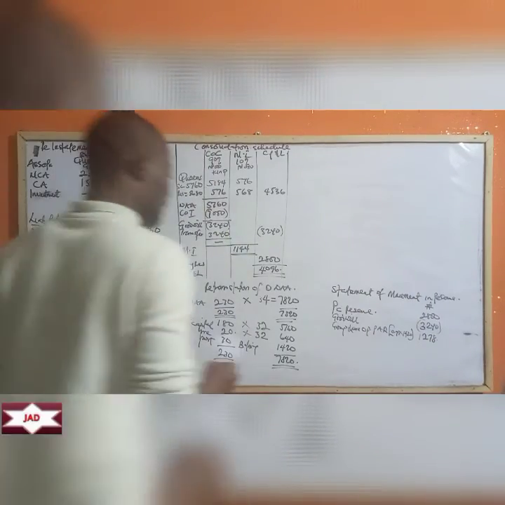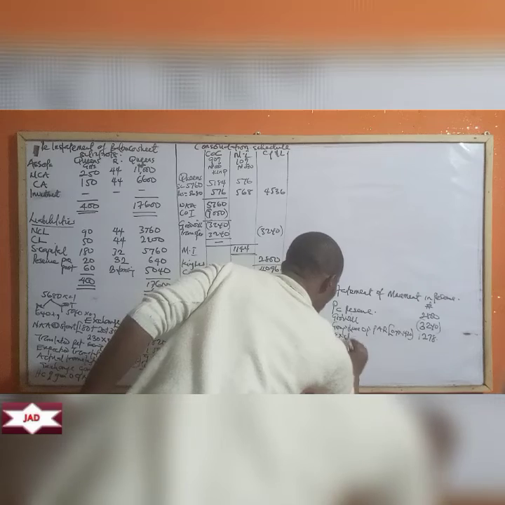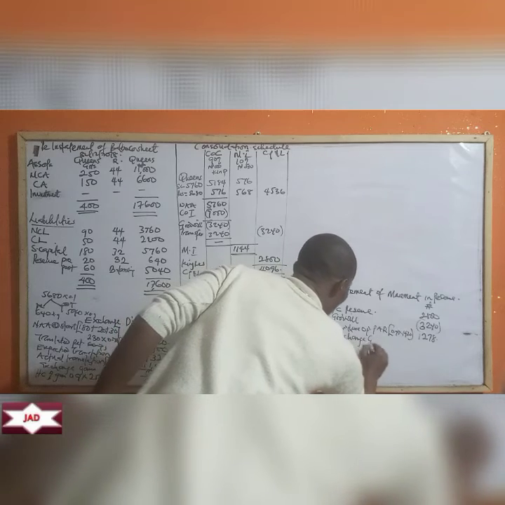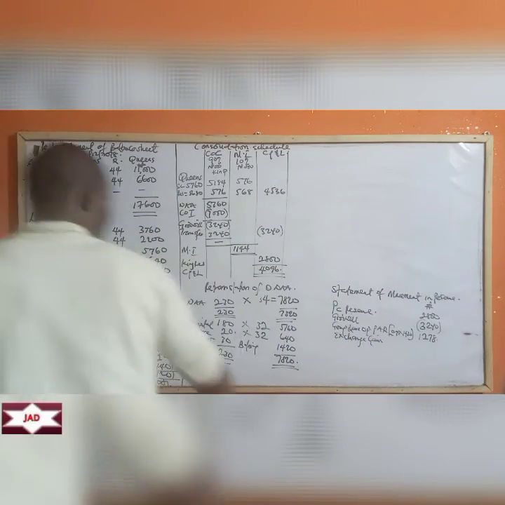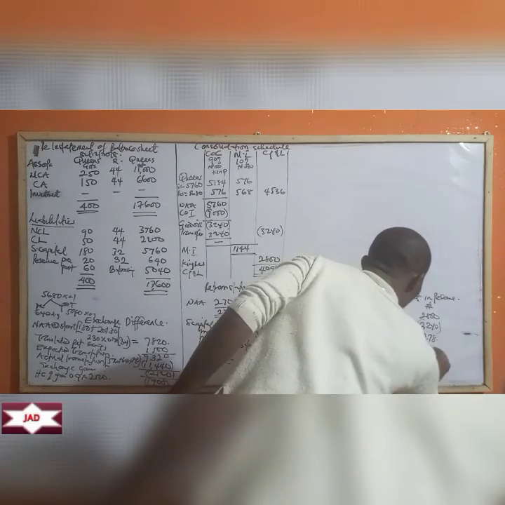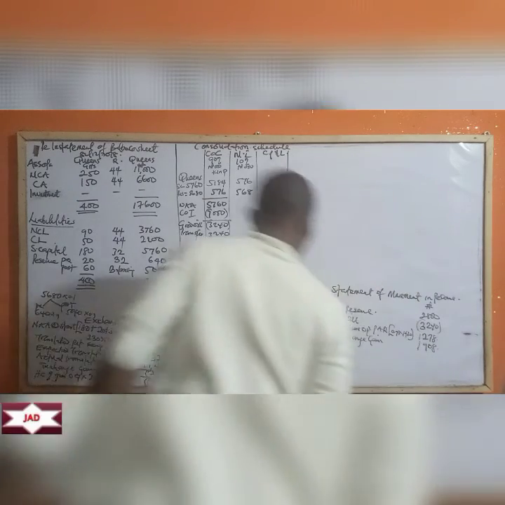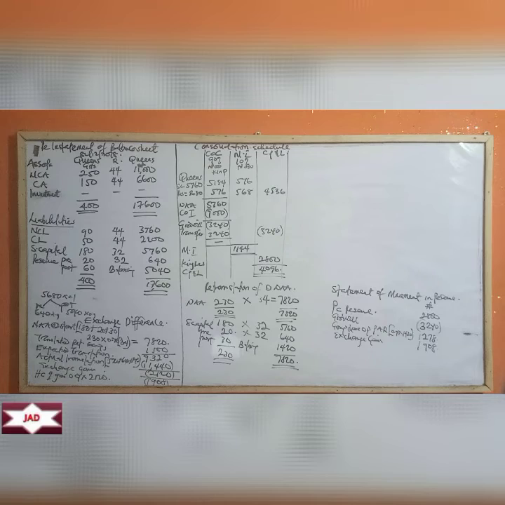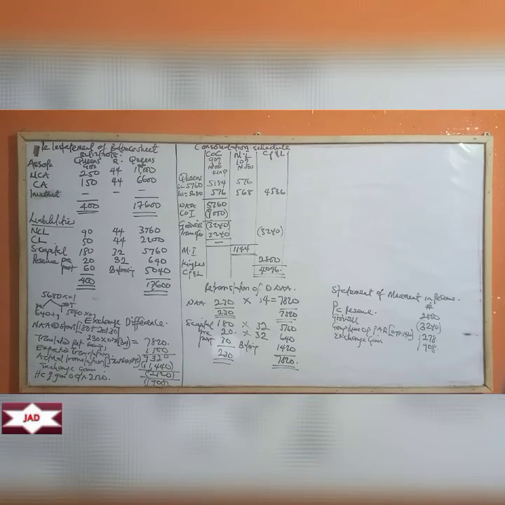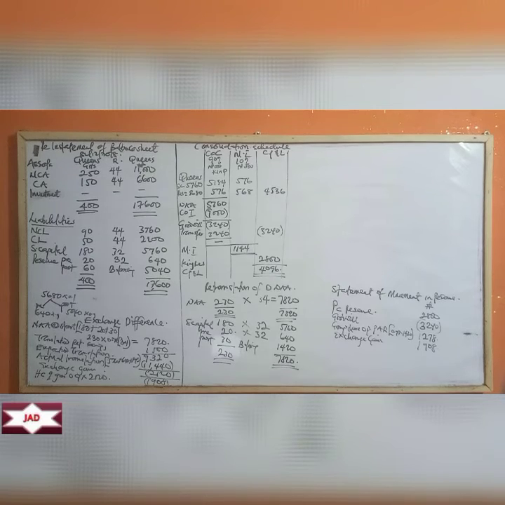Okay, so what's our exchange gain? Exchange gain here is 1,908. Then what about the group's share of retained earnings? Sorry, the subsidiary's retained earnings rather.